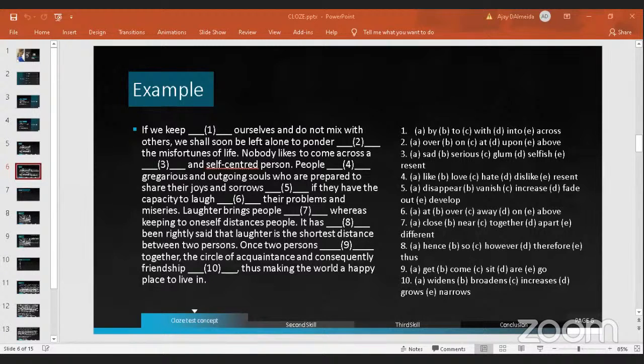I am close to my target; that's the usage. Since it is people, people come together. People don't come close. That's the correct usage. It has dash been rightly said that laughter is the shortest distance between two people.